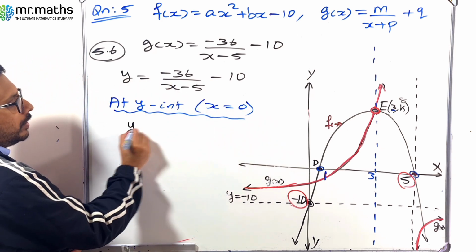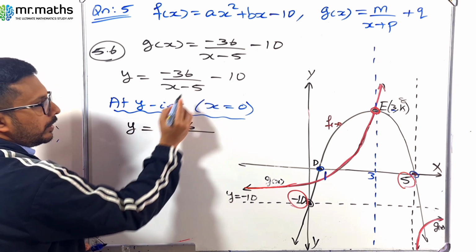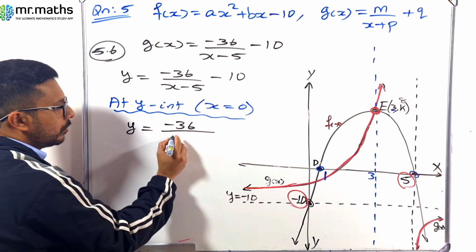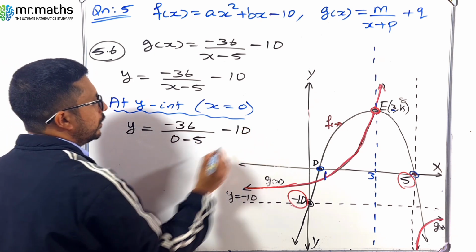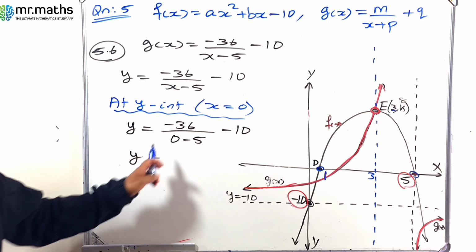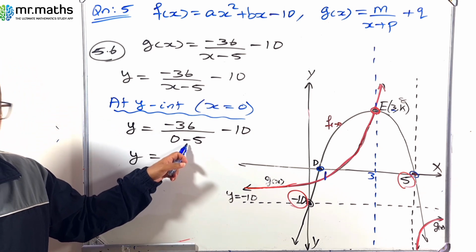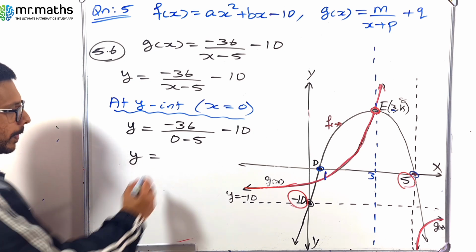So y is equal to minus 36 over x minus 5, x value is 0, so 0 minus 5, minus 10. Take your calculator, try to find the answer. This is minus 5. So minus by minus is positive. So 36 over minus 5 divided by minus 10. So it is minus 2.8.